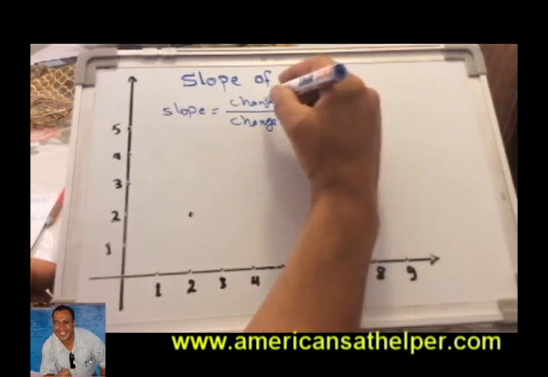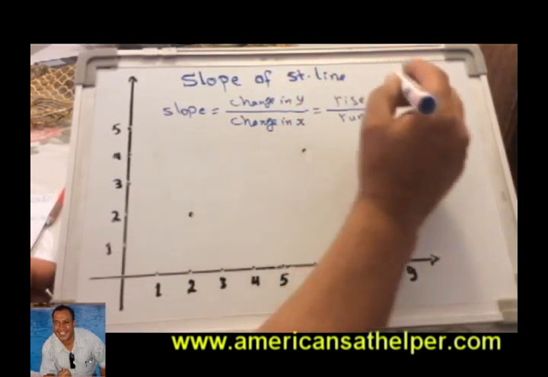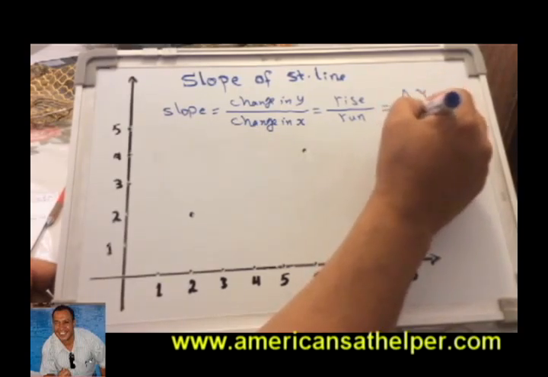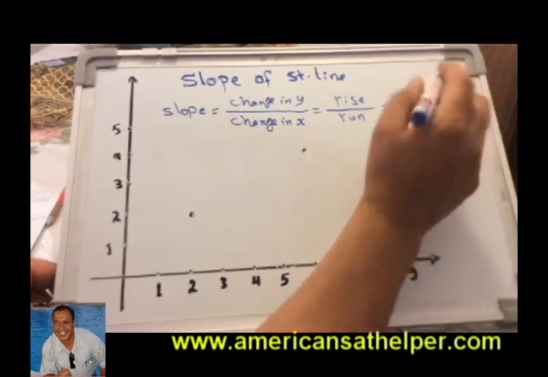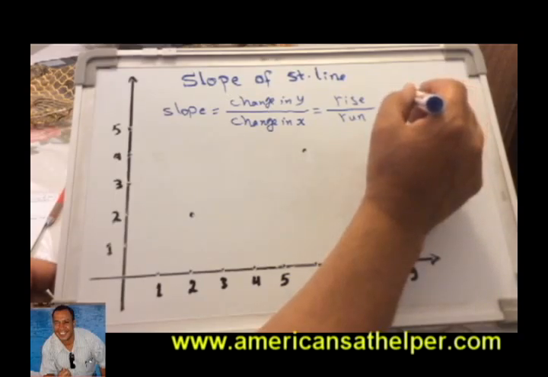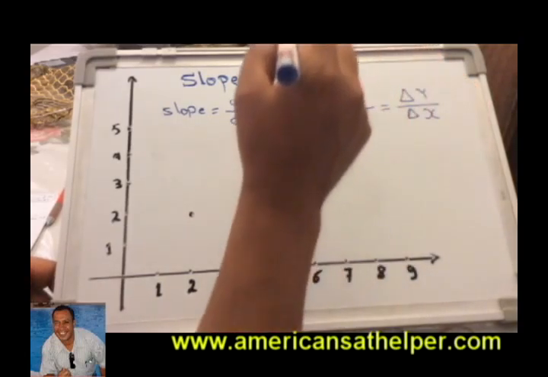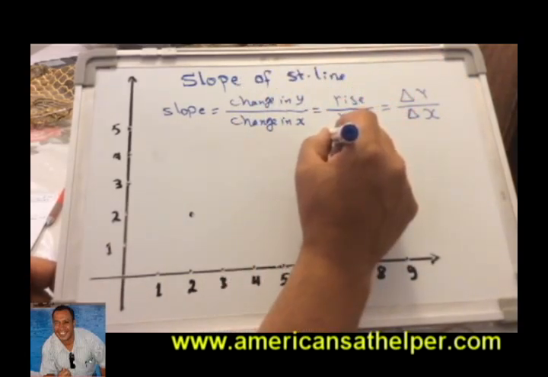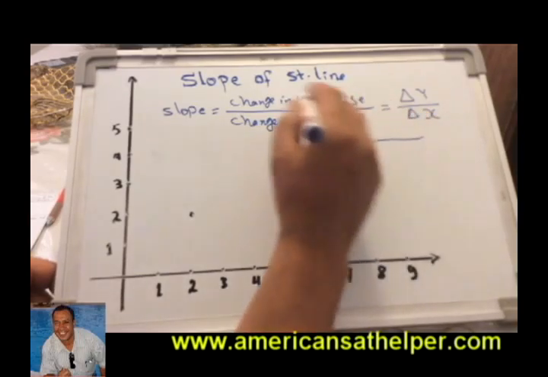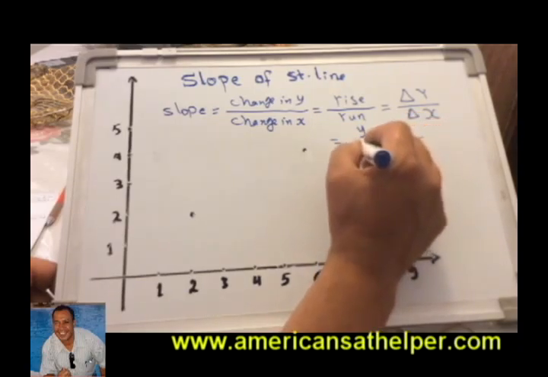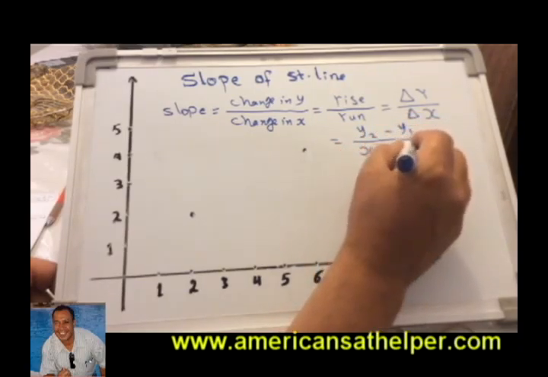We can abbreviate the change in y over change in x by delta y over delta x. Delta y means a change in y, delta x means a change in x. Or we can say that a change in y means the difference between y's. It means y2 minus y1 over x2 minus x1.